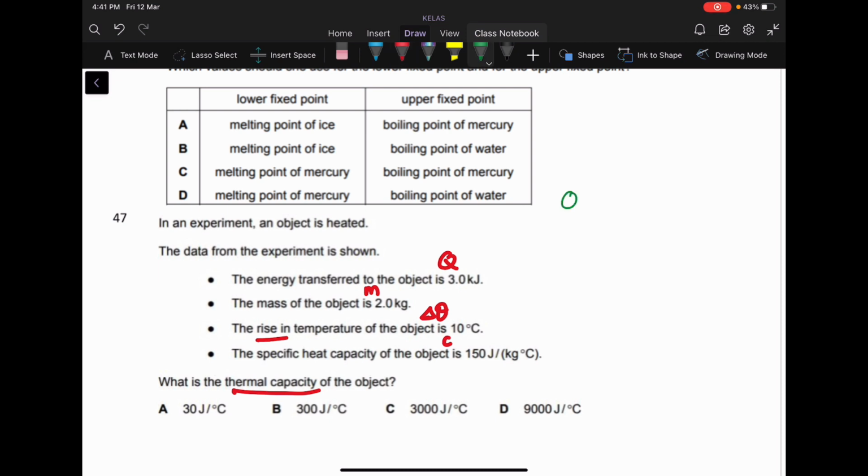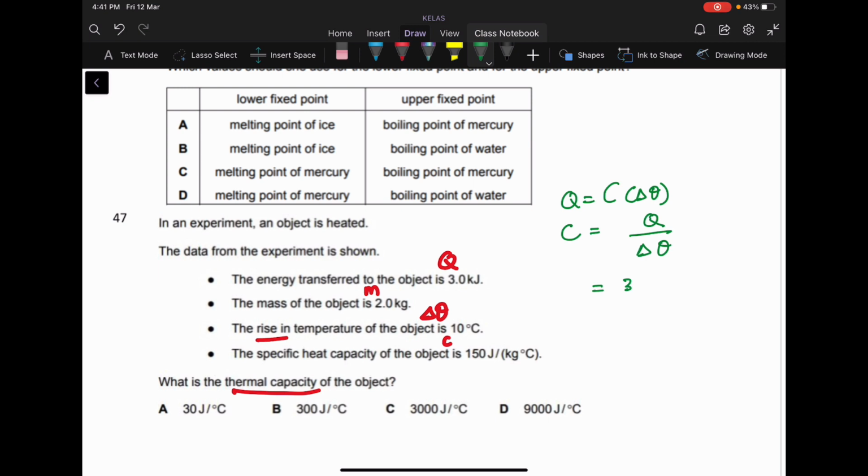So Q equals change of theta times capacity. So heat capacity equals to, I better use the correct symbols. Okay, so C equals Q over change in theta. So what's the Q?